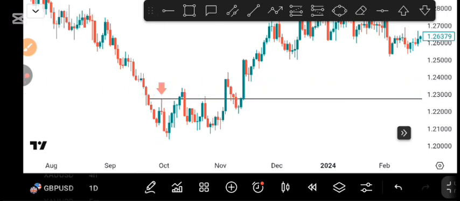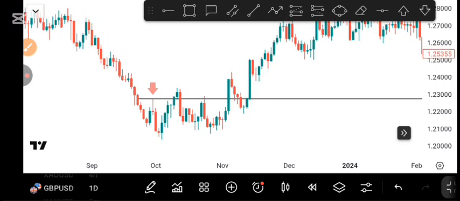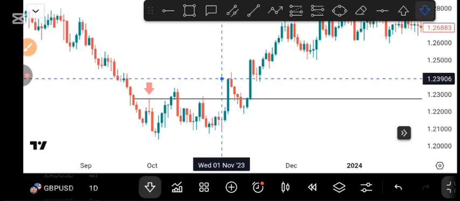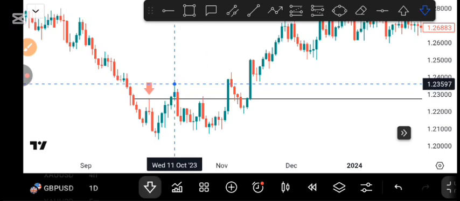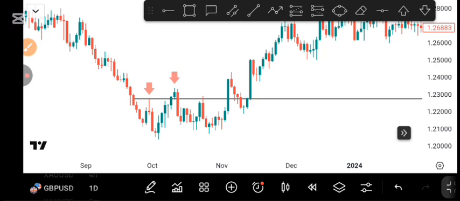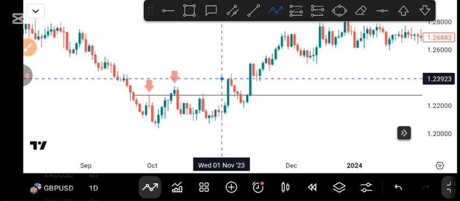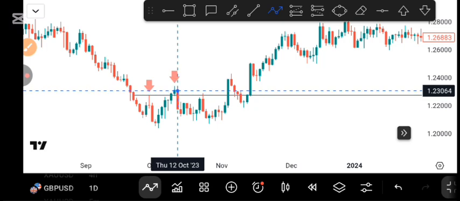So for this market to continue as a bearish trend, we need the market not to break the high, but to keep creating new lows. But instead, this market gives us a higher high, which means there is a chance this market can turn to a bullish trend. And you can see this market did turn and did continue that bullish trend.